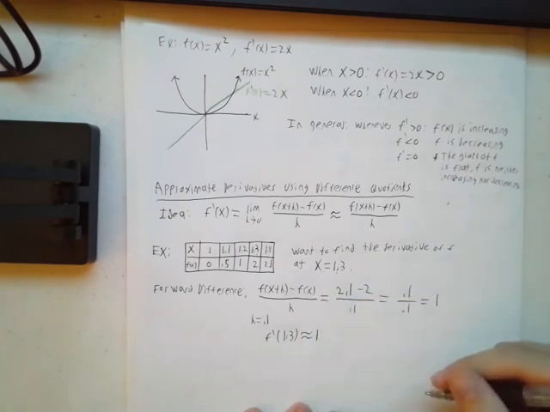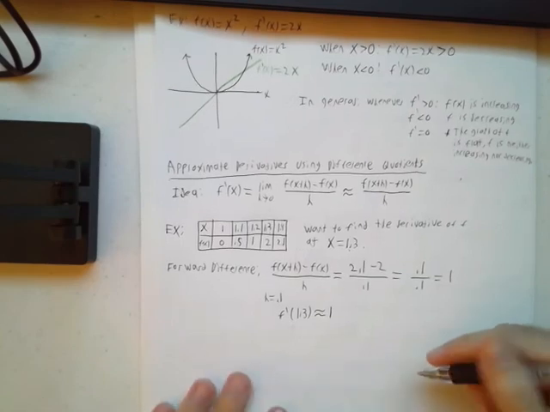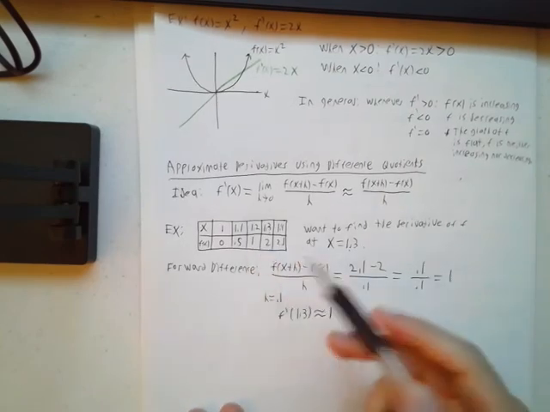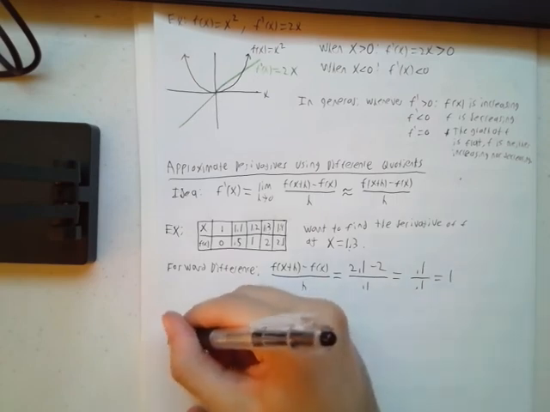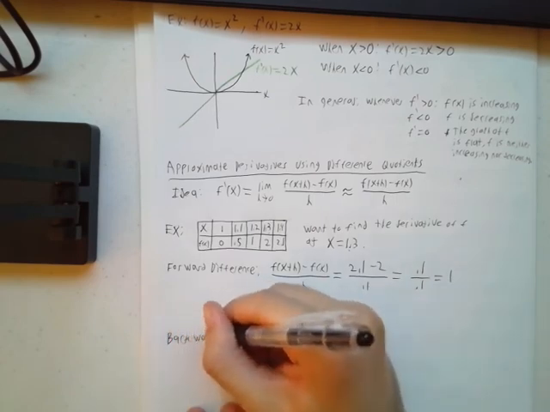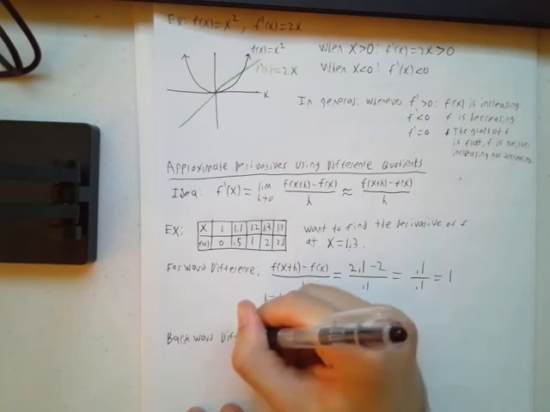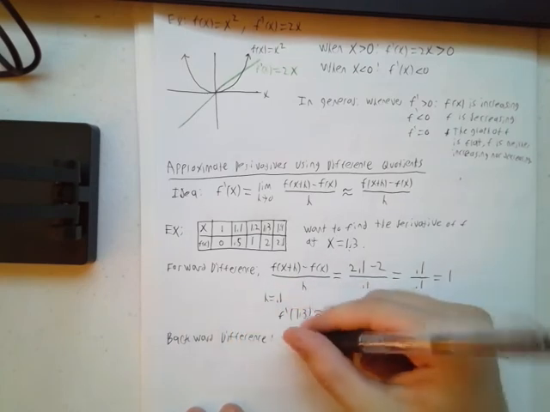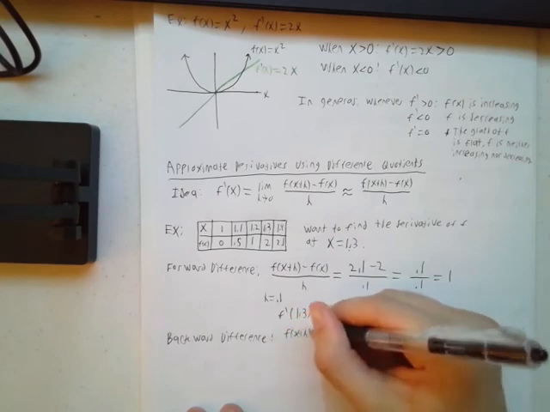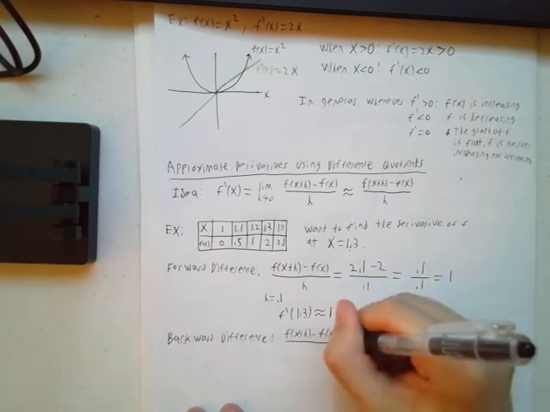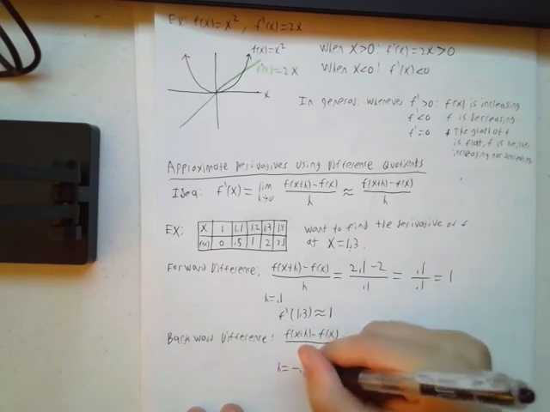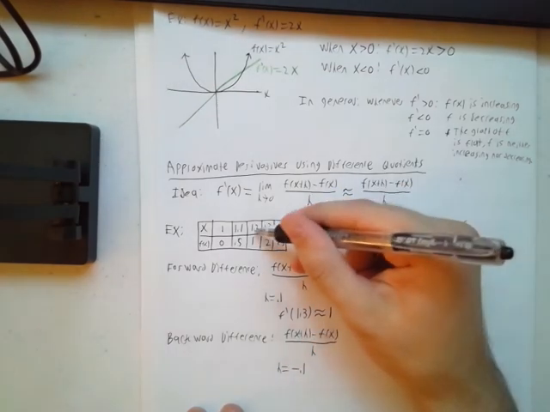But remember, for a limit, it's important to look at both sides. So we could also use what's called a backward difference. Which looks at f of x plus h minus f of x over h. But now we take h equals negative 0.1 so that we get these 2 points, 1.3 and a point to the left of 1.3.